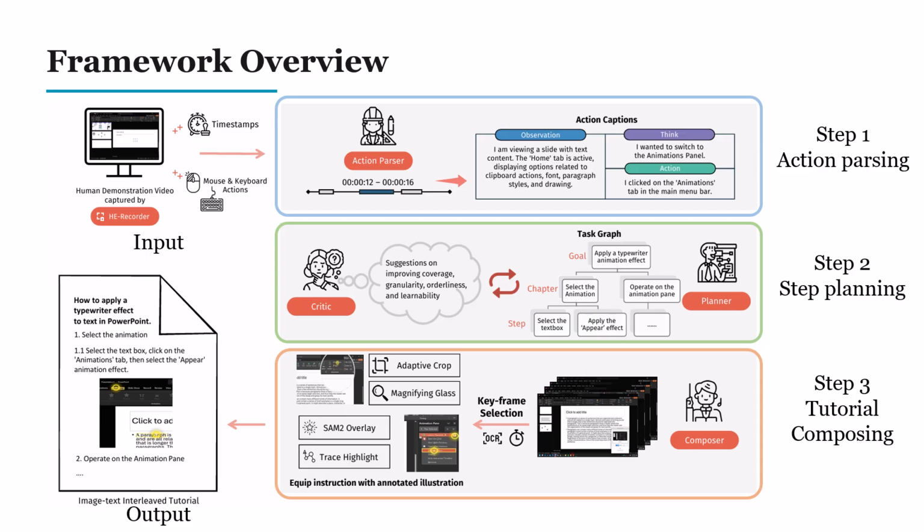This means atomic actions become steps, steps become chapters, and chapters define the overall goal. Finally, the tutorial composer turns the refined task graph into an image-text interleaved tutorial. It selects the most relevant keyframes and edits them with visual highlights. So the pipeline is recorder, parser, planner, and composer.